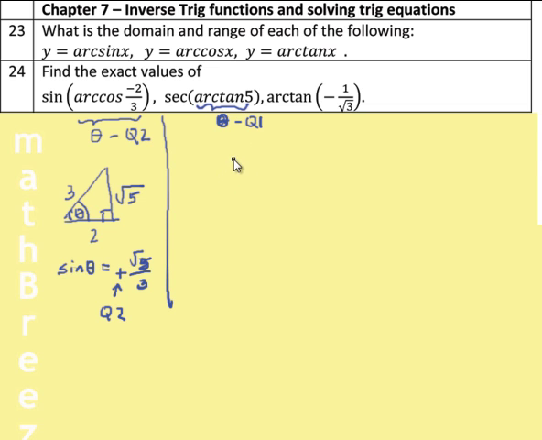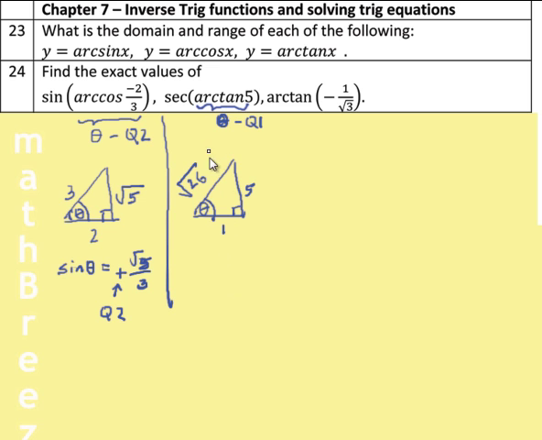All right, let's draw a triangle, and we'll put theta in our triangle. Theta has tangent 5 over 1, opposite over adjacent, and the third side is square root of 1 squared plus 5 squared. That would be square root 26.